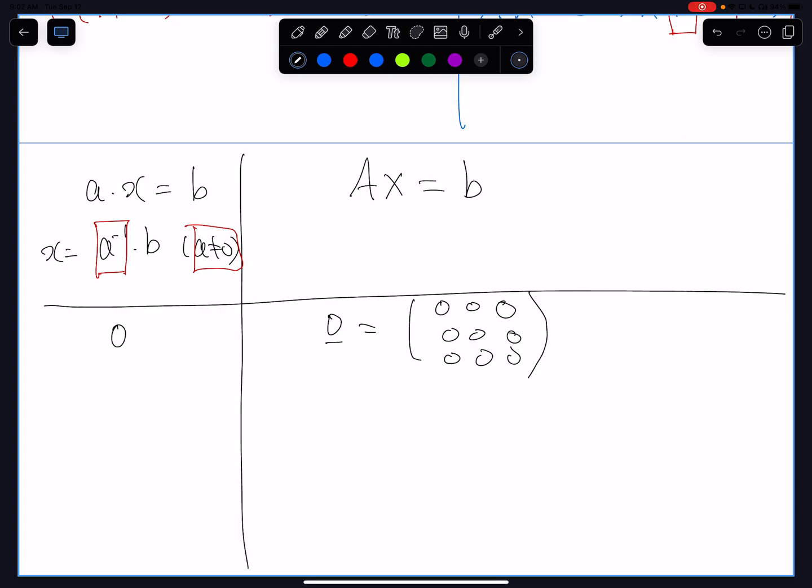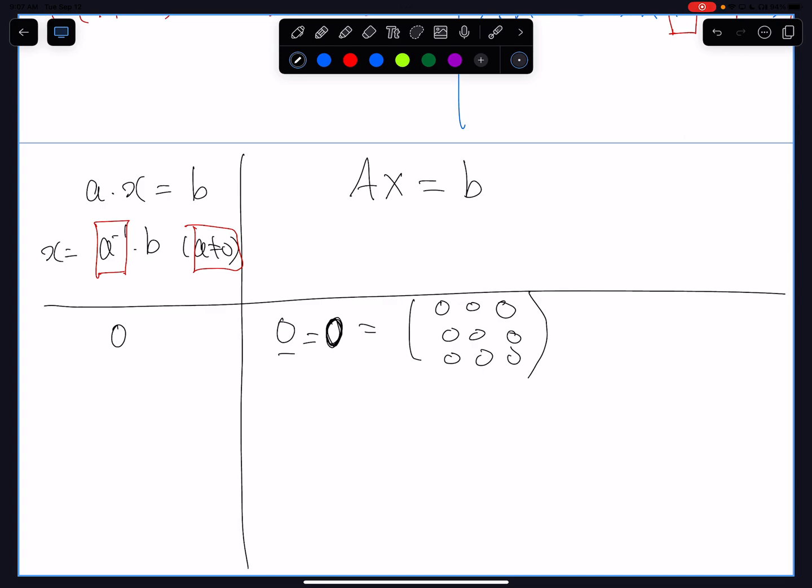I don't know how to write the boldface, so when I want to write boldface, I put this underscore. I'm lazy, so I'm just going to write it this way. So this is the zero matrix.